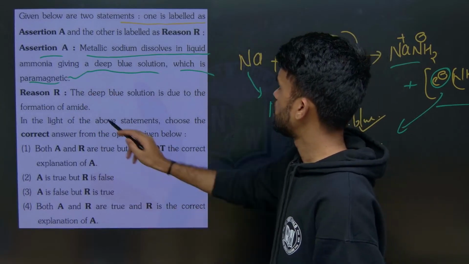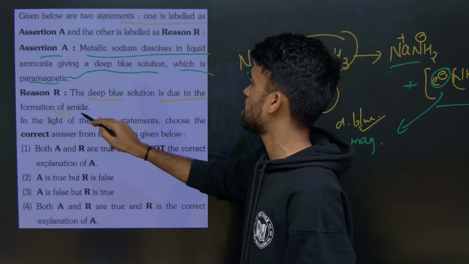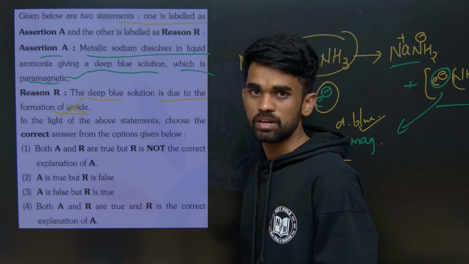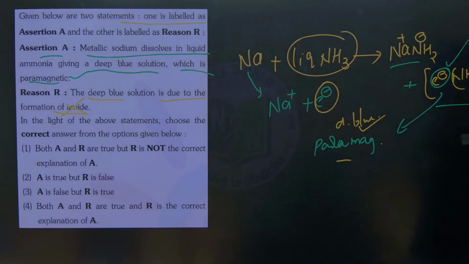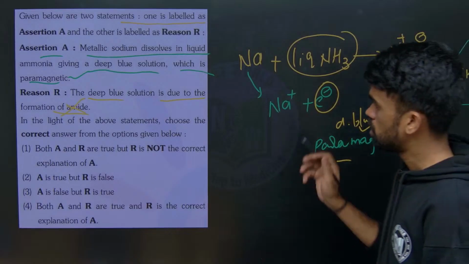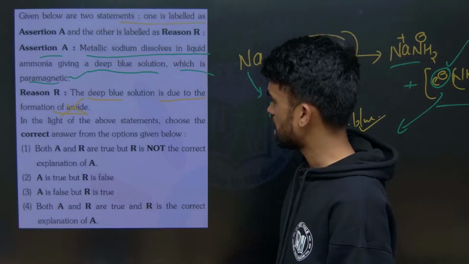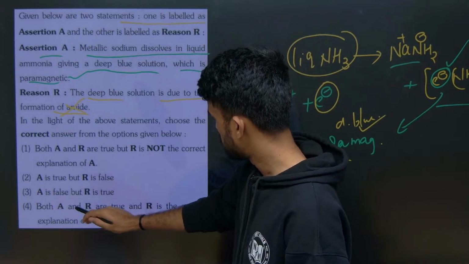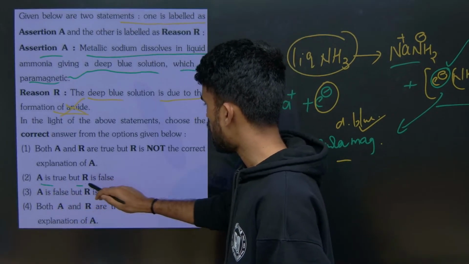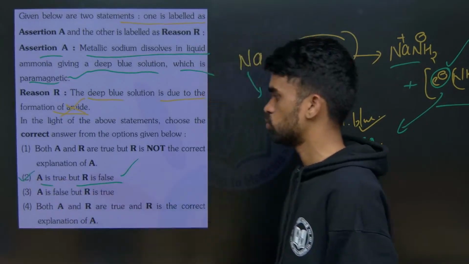Now, the deep blue color is due to formation of amine? This is not due to the formation of amine, this is because of the ammoniated electron in the solution. So the reason is incorrect, but the assertion is correct. So A is correct, but R is false. So you can go with option number 2.